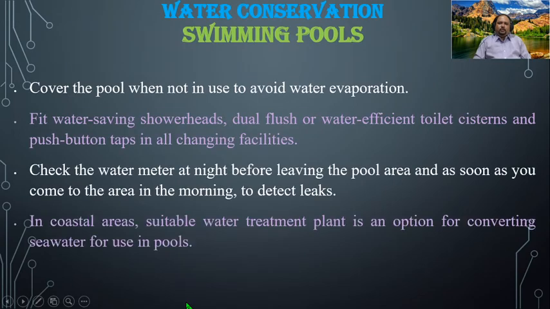Cover the pool when not in use to avoid water evaporation. Fit water saving shower heads, dual flush or water efficient toilet cisterns, and push button taps in all changing facilities.